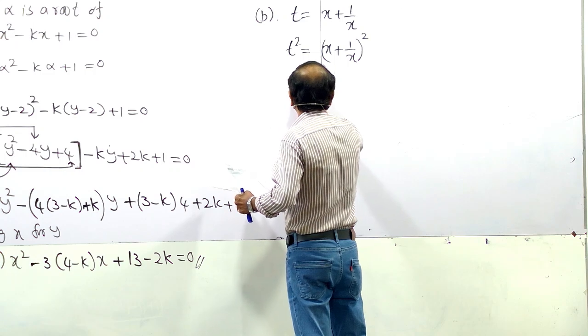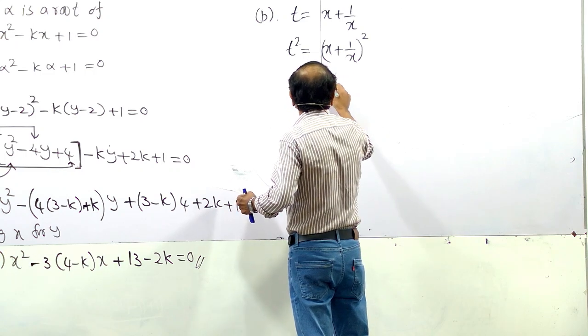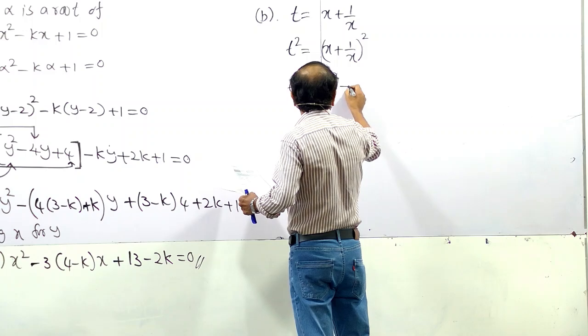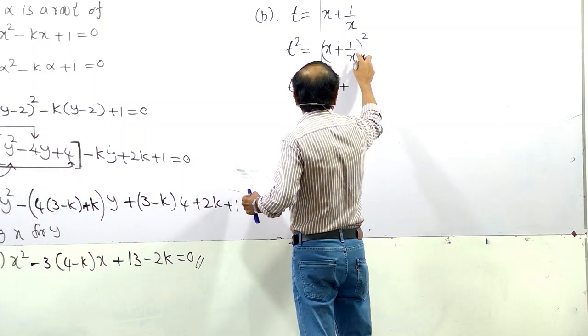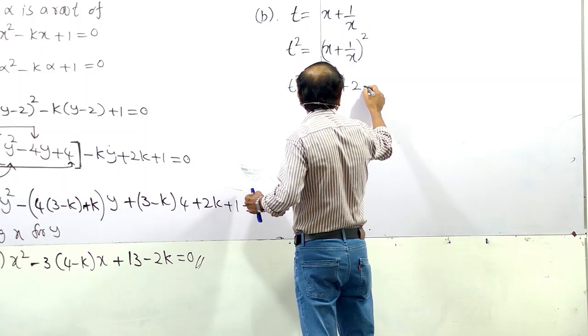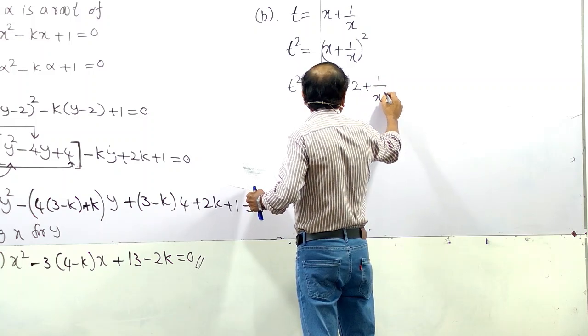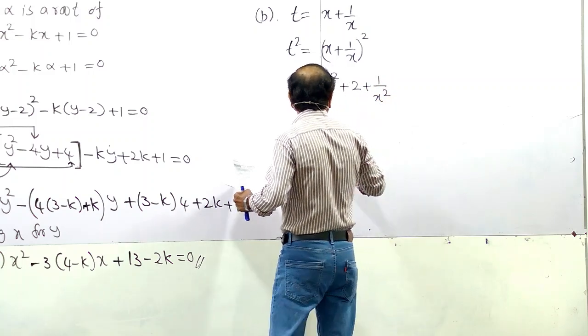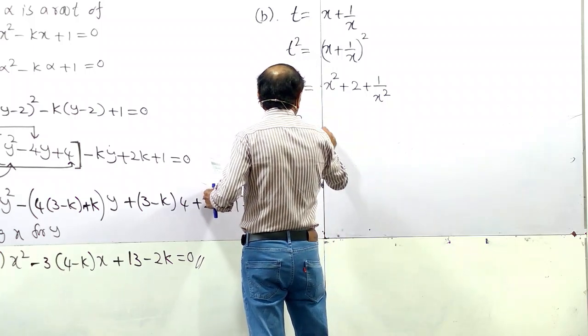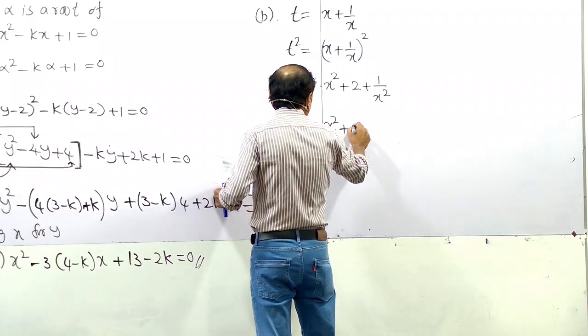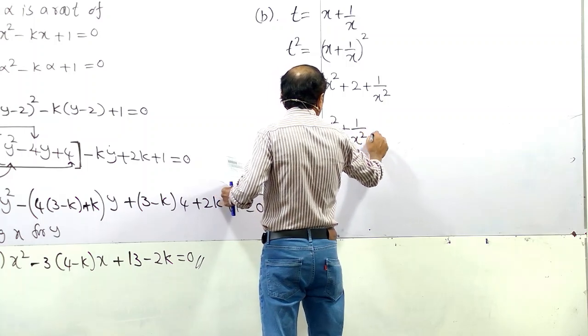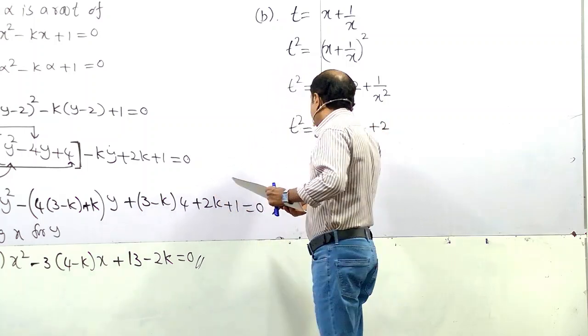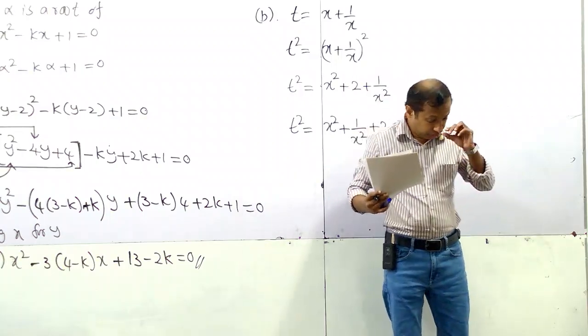What do you get? t squared. Square this: multiply the 2 and the 2, and 1 over x squared. Then we get t squared equals x squared plus 1 over x squared plus 2.